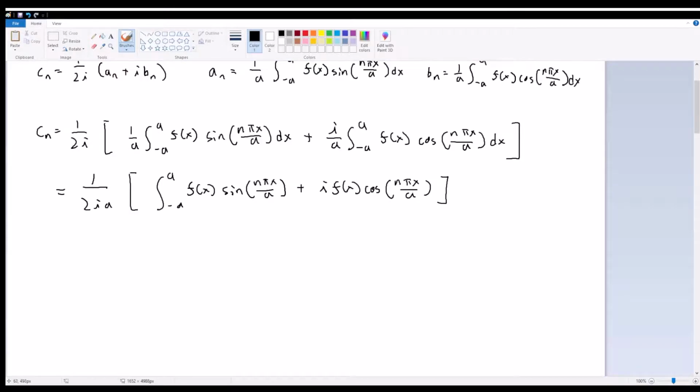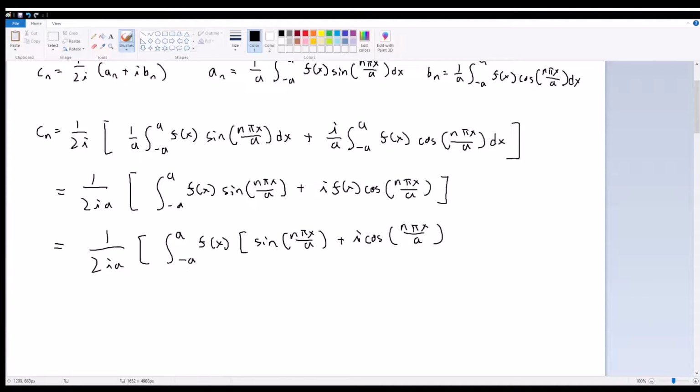We can instantly do more distributive property, 1 over 2ia, and then we combine the f of x terms in the integral from negative a to a, f of x times sine n pi x over a plus i cosine n pi x over a. And from this point, I just realized I forgot to close out my integrals. Very sorry. Do that real quick.